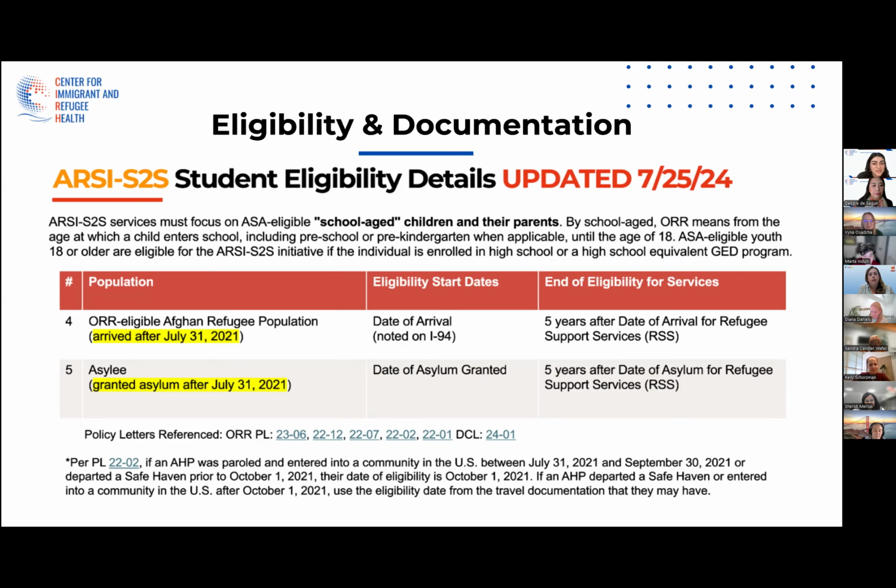Okay, so ORR eligible Afghan refugees, such as SIVs, are also eligible up until 5 years after the date of arrival. And those who have been granted asylum are also eligible for 5 years after the date that they were granted asylum. Next slide, please.